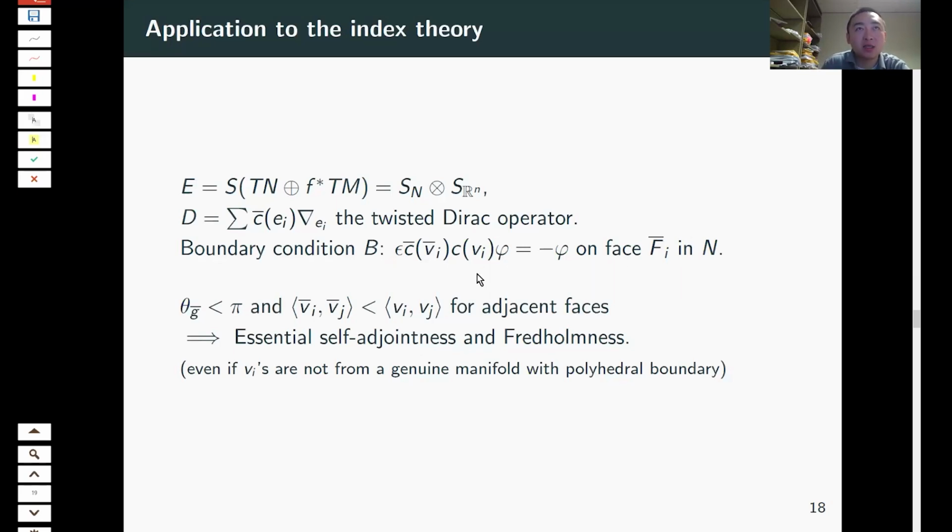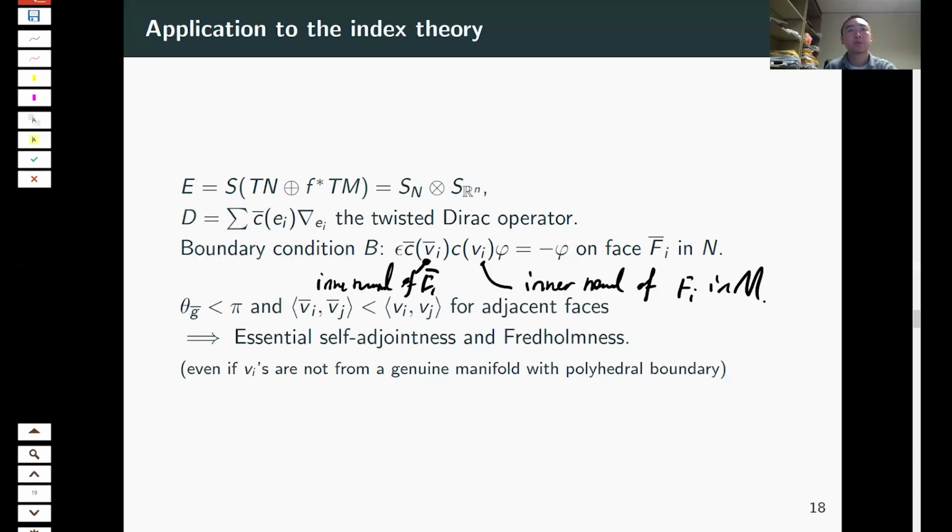So on each face, we have the VI bar as the inner product of Fi. So let me write here. So this is the inner normal of Fi bar, and this is the inner normal of the corresponding face Fi in M. Okay.